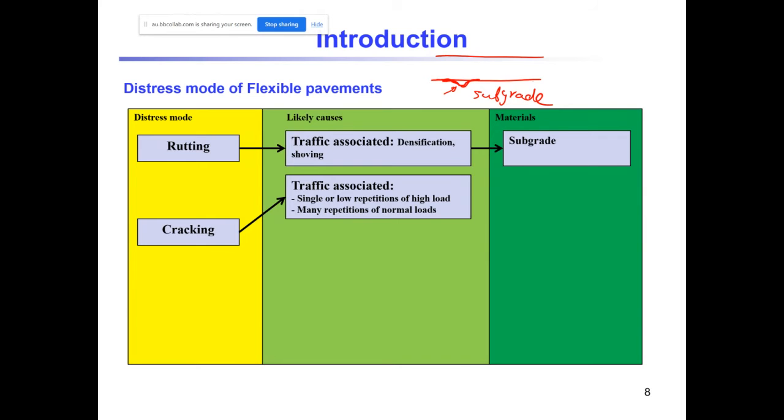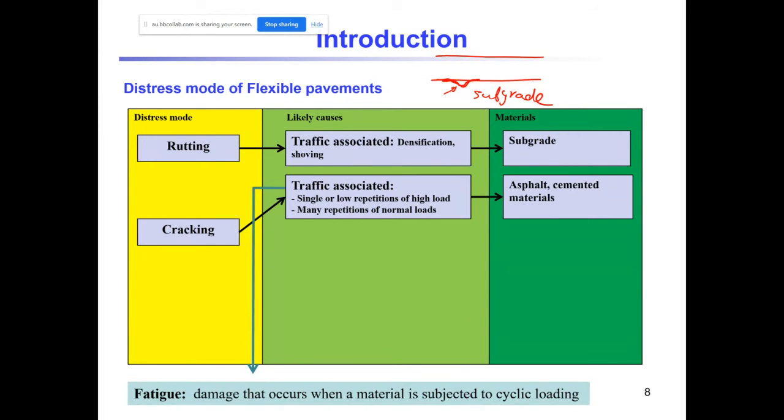It can be because of the low repetition of very large loads, or it can be because of many repetitions of normal loads. So this is called fatigue cracking, and that's because of the tensile strain inside the bound materials, inside the asphalt as well as cemented material.